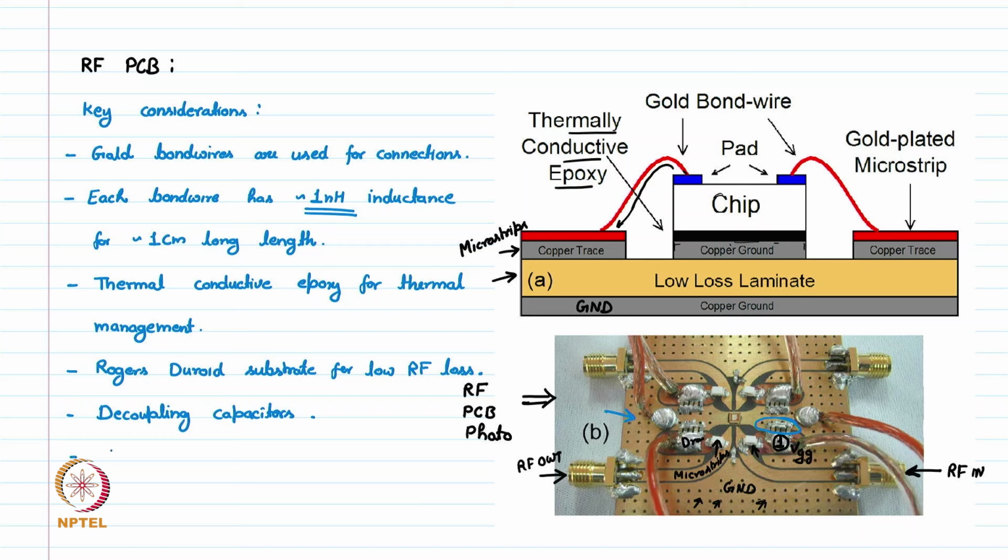We use a stability RC network to stabilize the power amplifier. So these are the components we use for stability in our circuit, and we use all SMD components to reduce parasitics.